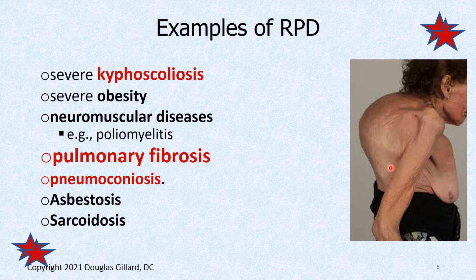Anything that squishes the lungs from the outside or wrecks the lung tissue. Poliomyelitis, we won't get into the mechanism, but that messes up the lung's ability to expand. Pulmonary fibrosis, pneumoconiosis, asbestosis, sarcoidosis. Those are two common ones that cause RPD.